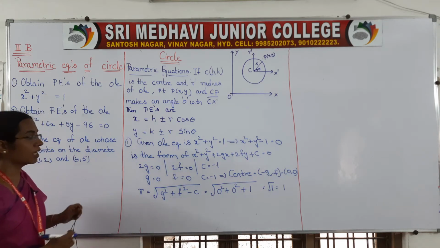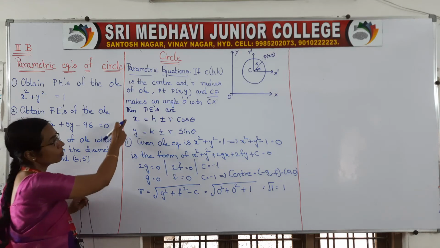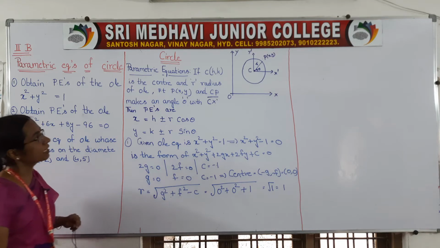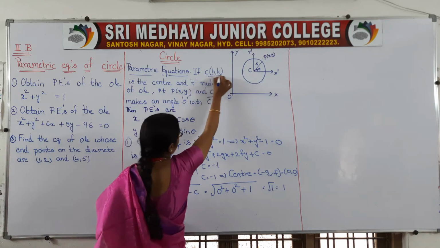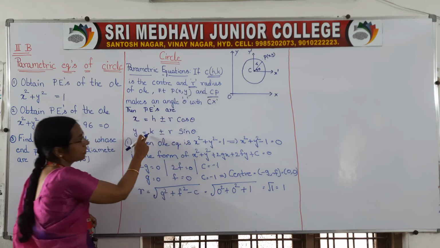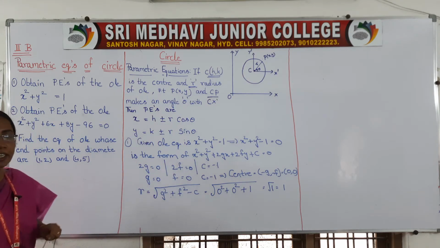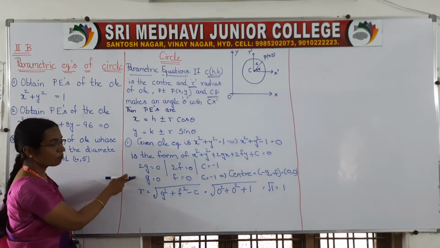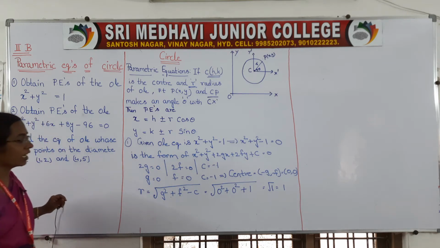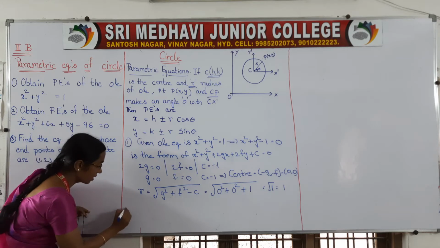So why did we get the center and radius? To get parametric equations we need the center. If C(h, k) is the center and r is the radius, then we can write the parametric equations. For that sake, first find out the center and radius, then write the parametric equations.